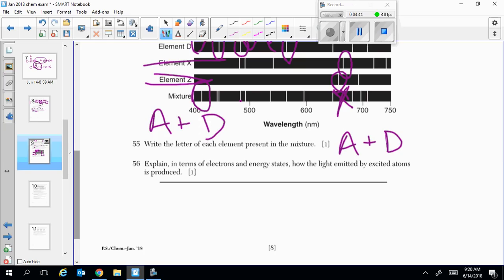All right, explain in terms of electrons and energy states how the light emitted by excited atoms is produced. This, I feel like, is asked very, very frequently.